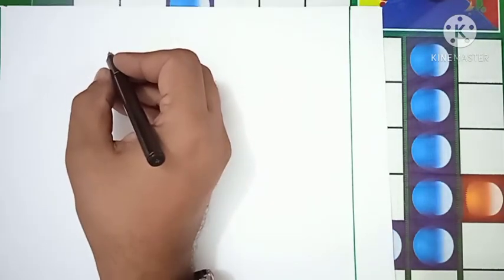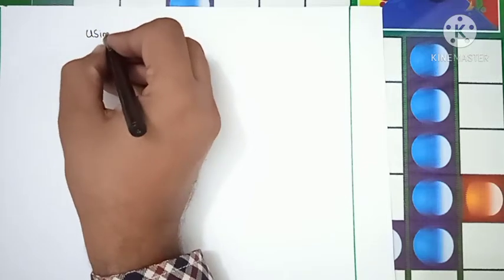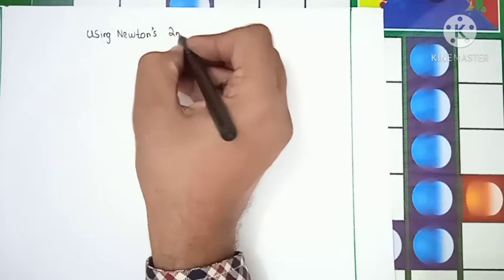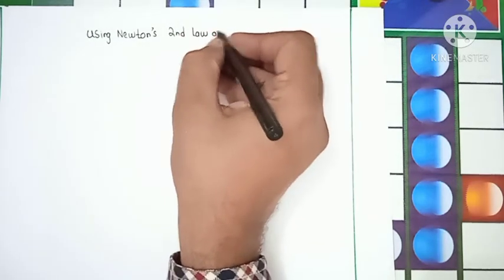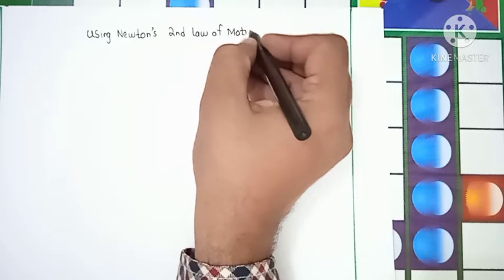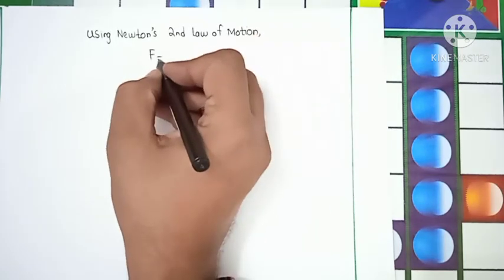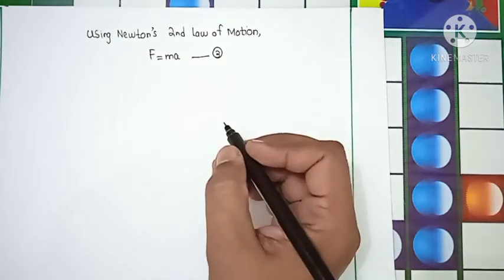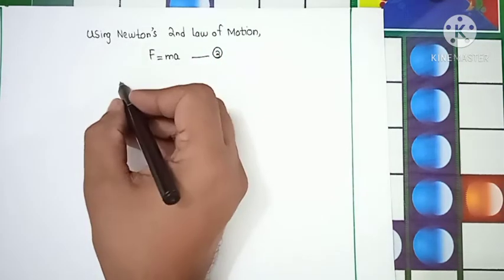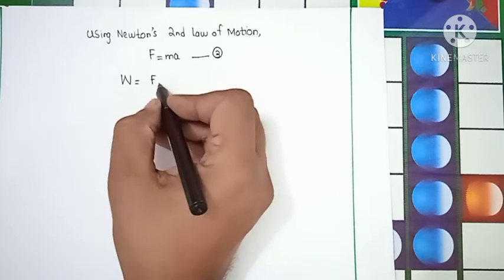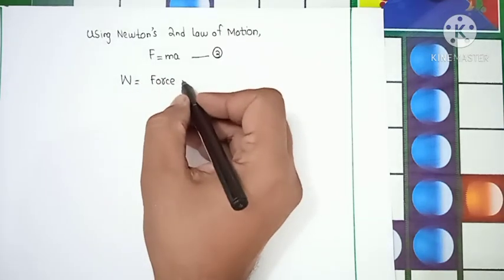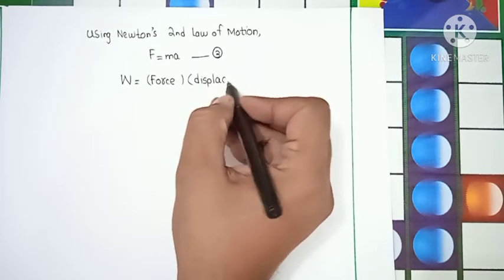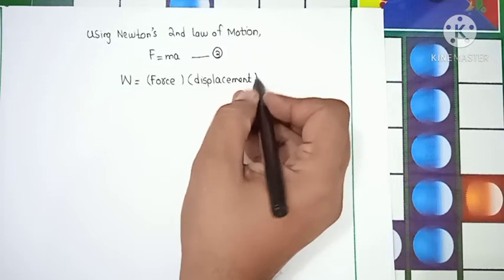Using Newton's second law of motion, F is equal to ma. Equation number 3. All of you know that work done is equal to the product of force and displacement.